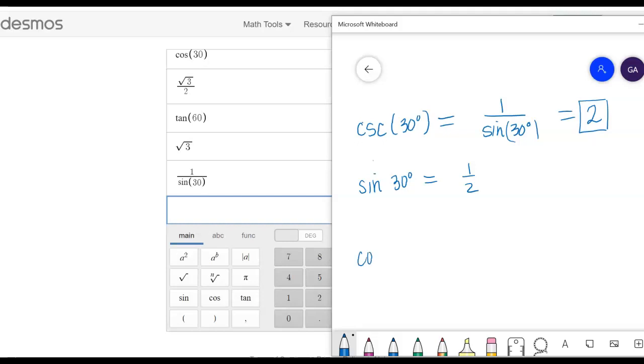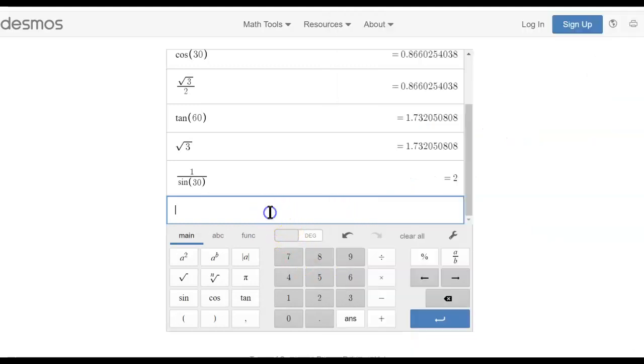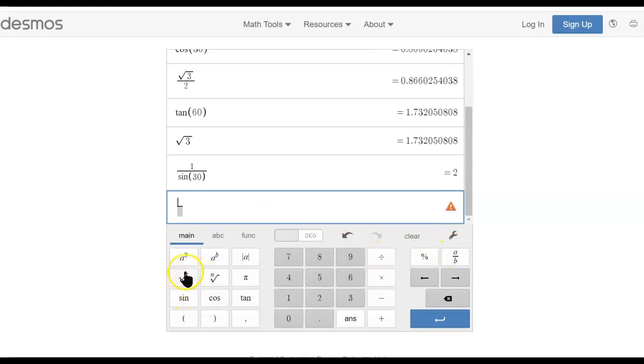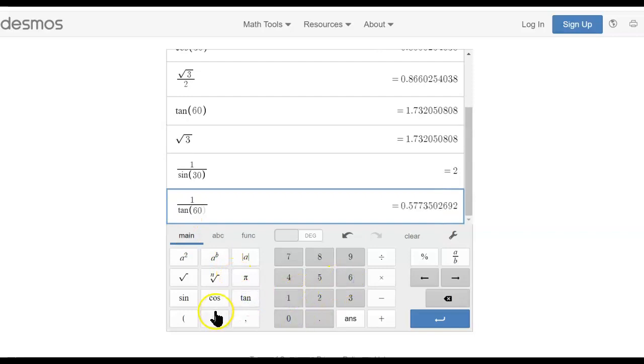Similarly, if I want to find the cotangent of 60 degrees, that will be 1 over the tangent of 60 degrees. So I will type in 1 over tangent 60 degrees.